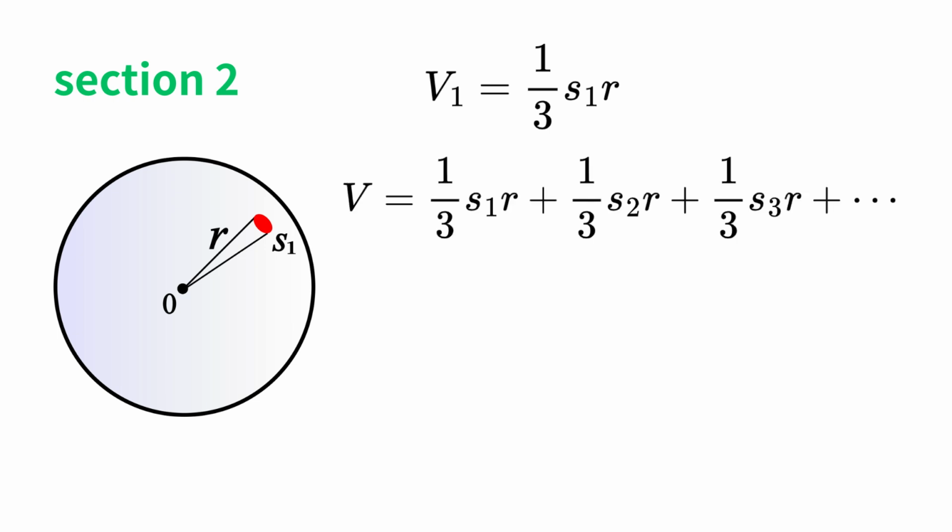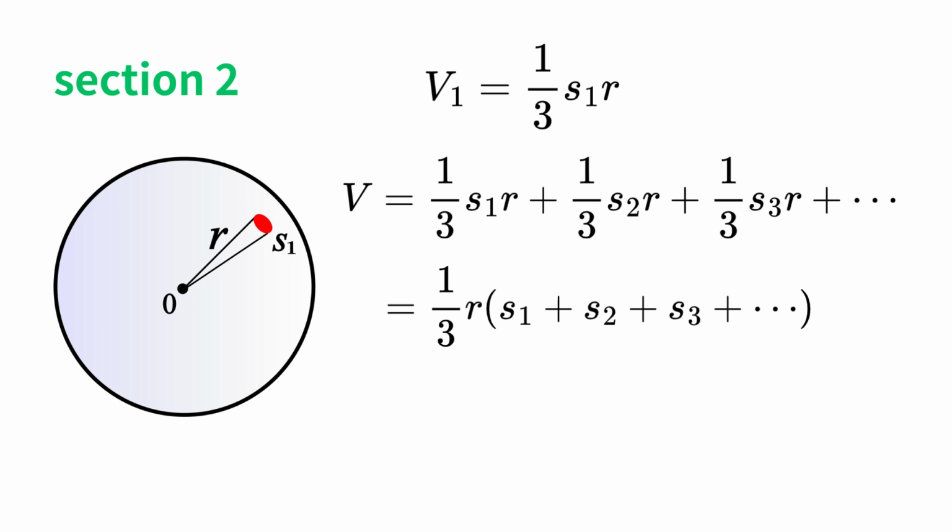Then the volume of the sphere becomes V equals 1/3 S1 r plus 1/3 S2 r plus 1/3 S3 r, and so on. Factor out 1/3 r. V equals 1/3 r times (S1 plus S2 plus S3 plus, and so on).